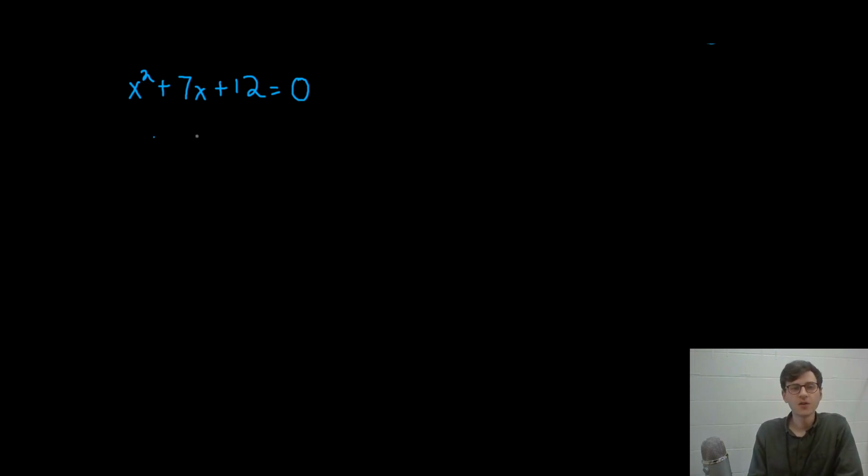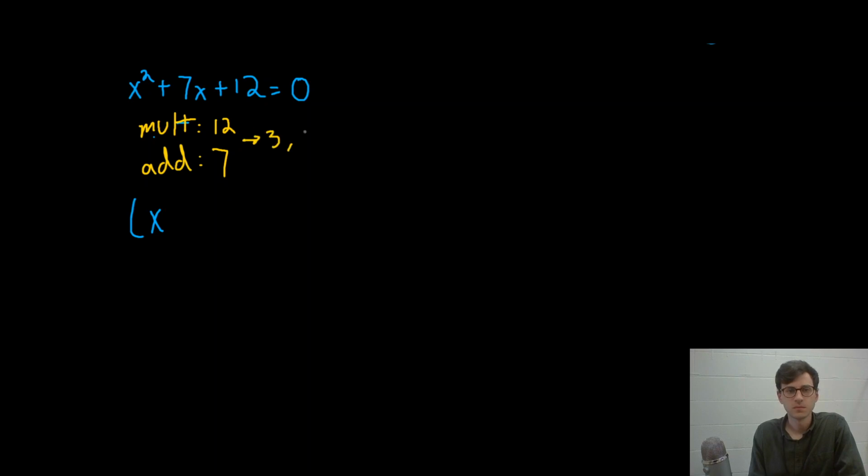So, right, I want to factor this, and we're looking for two numbers that multiply to 12 and add to 7. That's 3 and 4, so x plus 3 times x plus 4 equals 0.